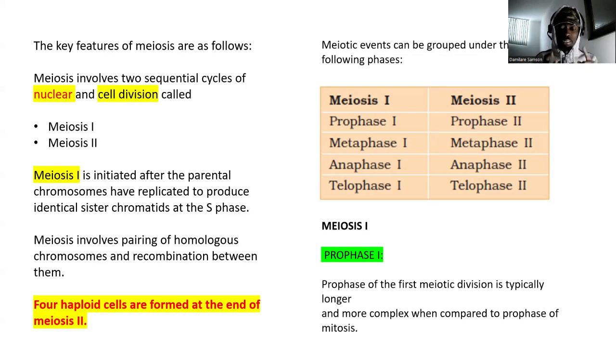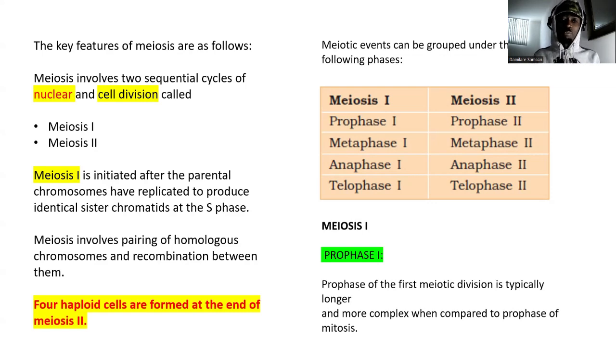They have the same length, same height. They come together and pair, and there will be what we call the recombination between them. All those processes I will explain in meiosis 1. Almost every one of them occurs in meiosis 1. So as we go through that, you'll be able to see what recombination is and how homologous chromosomes look like.